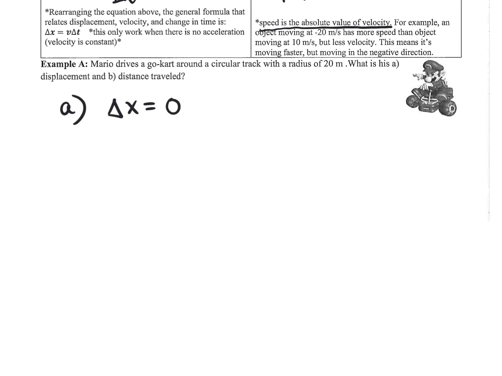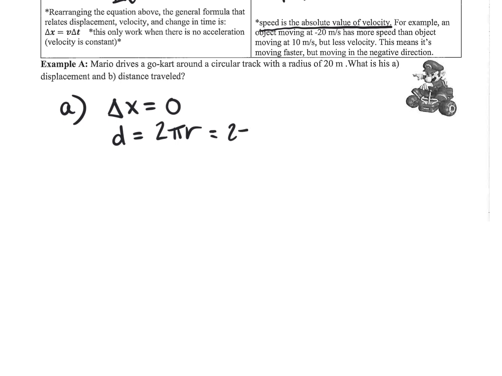However, his distance, how do we measure his distance? What formula? It's a circle, so how do we measure the distance around a circle? Circumference, and what's the formula for circumference? 2 pi r. So his distance is going to be 2 pi times the radius of the track.